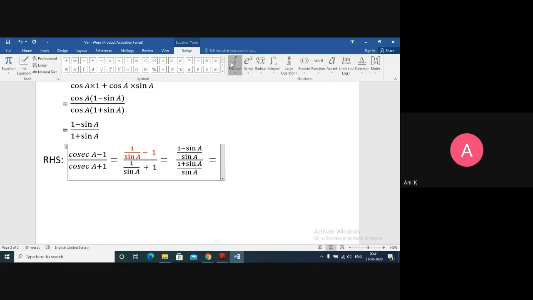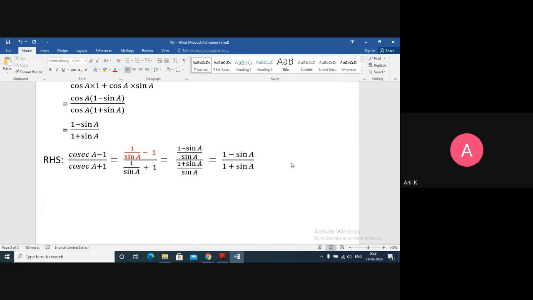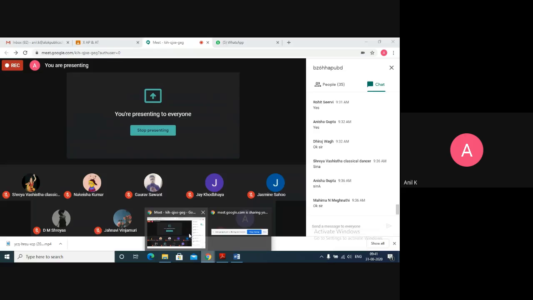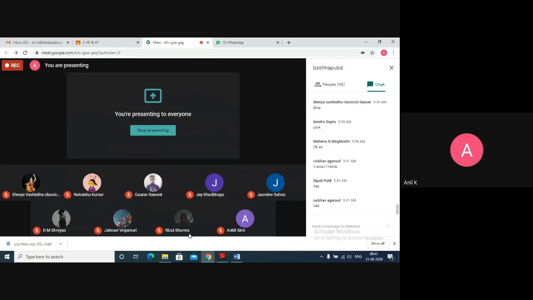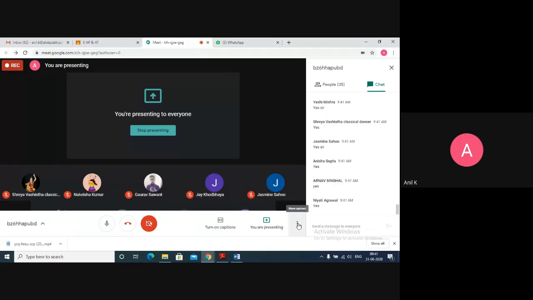After cancelling both the sin A's, in the numerator I am left with 1 minus sin A, and in the denominator I am left with 1 plus sin A. So your RHS is also giving the answer as 1 minus sin A upon 1 plus sin A. Your LHS also gave the same answer, 1 minus sin A upon 1 plus sin A. Hence, LHS equals RHS. Is this clear for everyone? Yes. Everyone has understood. Great.